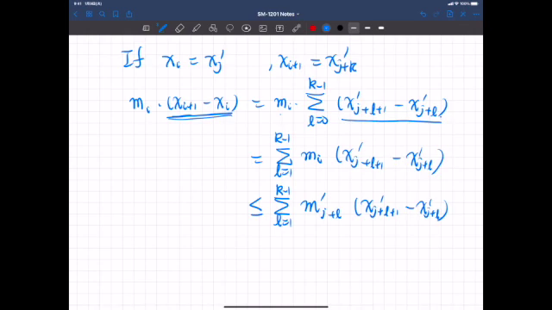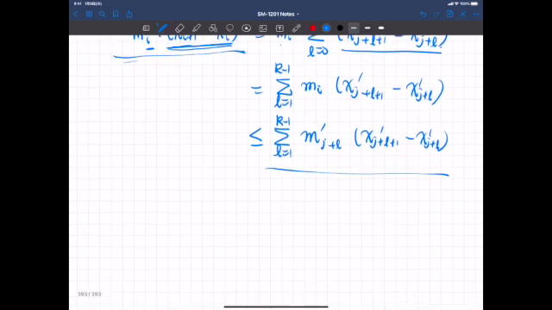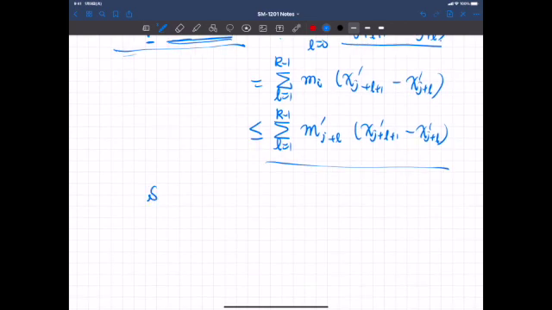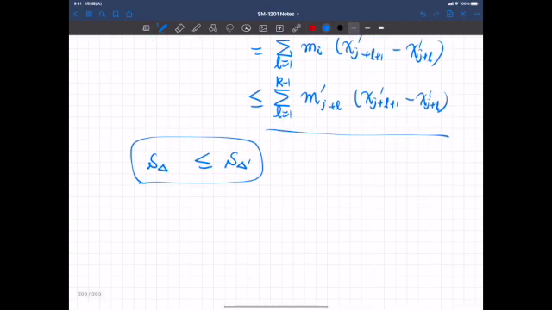Okay, and then we sum both sides over all possible i's. So then we have on the left hand side the lower Riemann sum with respect to delta, and on the right hand side the lower Riemann sum with respect to delta prime. So this one is proved, and we can prove the inequality for the upper Riemann sum in a similar manner. So I will just skip it and you should try yourself.